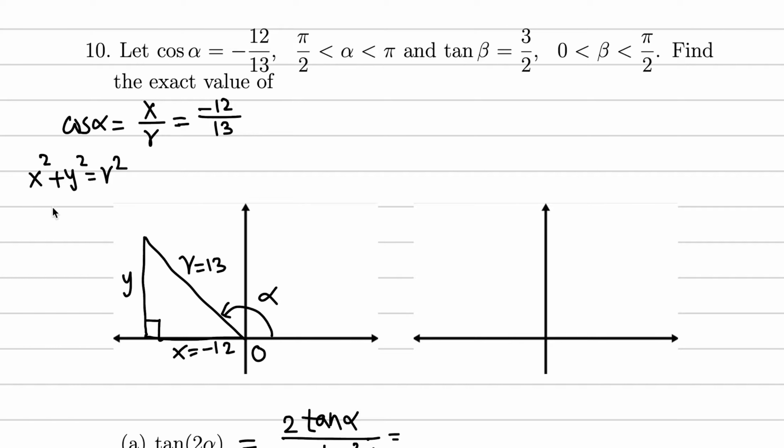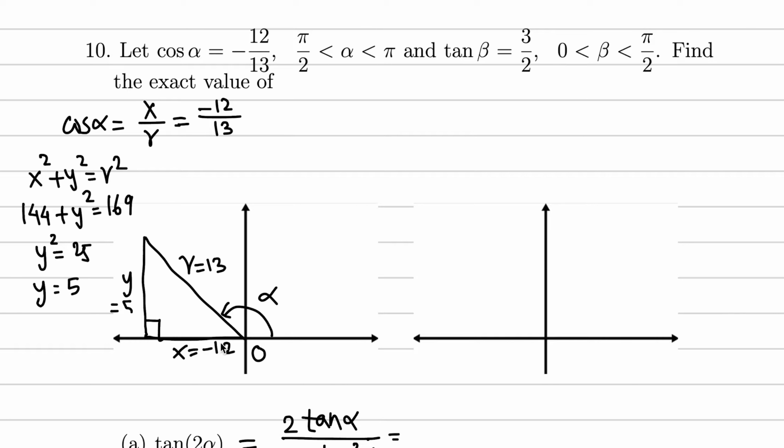X is negative 12 quantity squared, negative squared is positive, so 144 plus y squared, y is unknown, equals r squared, 13 squared, 169. Subtract 144 from both sides, 25. So y is plus or minus 5, but y is positive, so just 5.